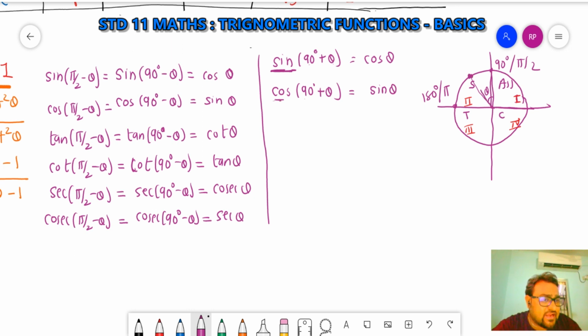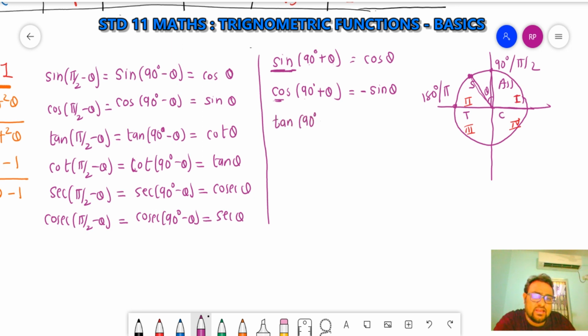In the second quadrant, only sine and its reciprocal cosec are positive. Cos is negative, so I will get a negative answer. So I will put minus sine theta. So what you need to see first is which shift, 90 degree or 180. When there is 90 degree, just change it. Clear?